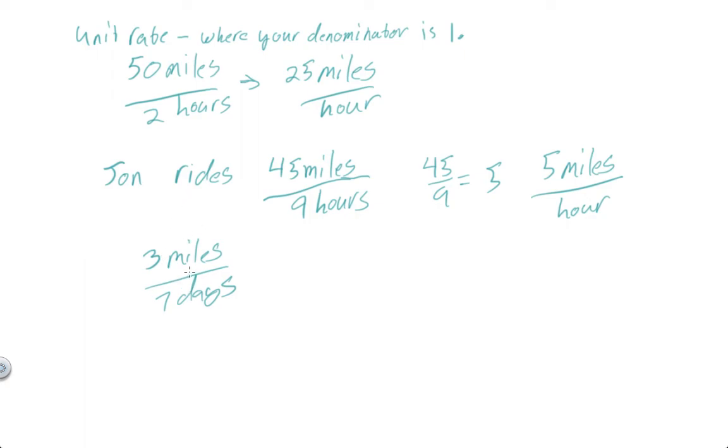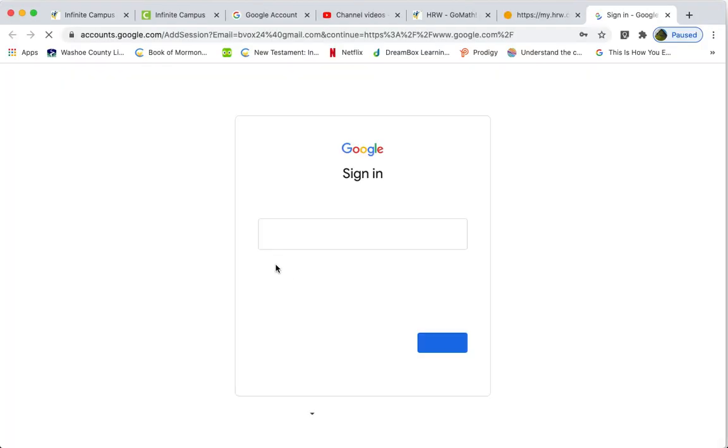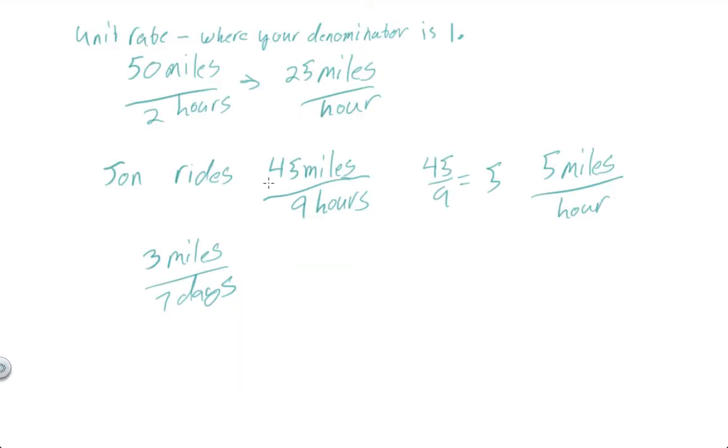I mean, that's really fun, but this is kind of a long number and it's a repeating decimal, so you'd have 0.428571 repeating miles per day.